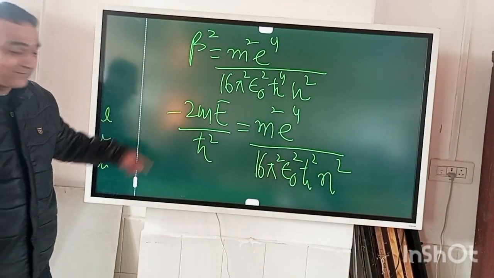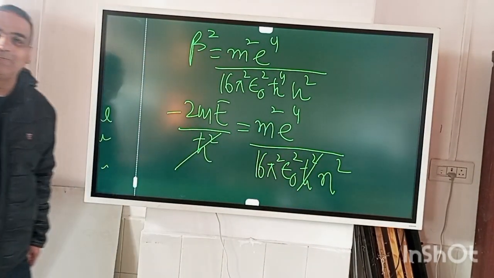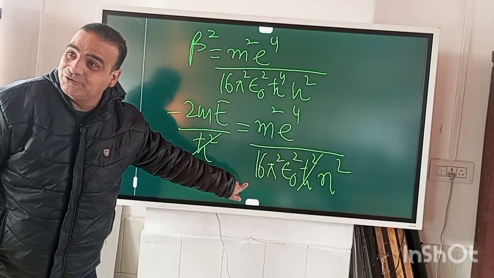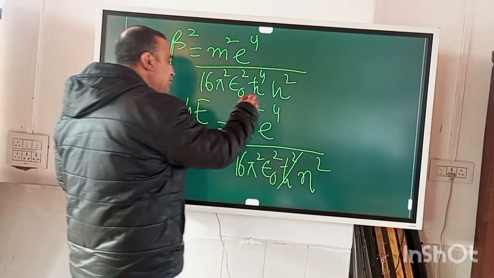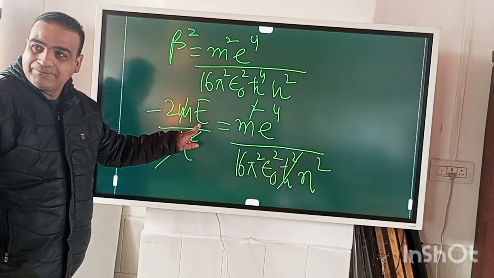So this h bar squared and this h bar squared will go. This 2 will come down and it will become 32. So you will have the energy. This m squared will go, so what will be E?